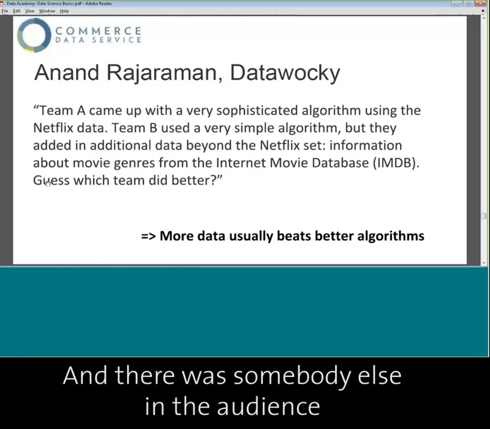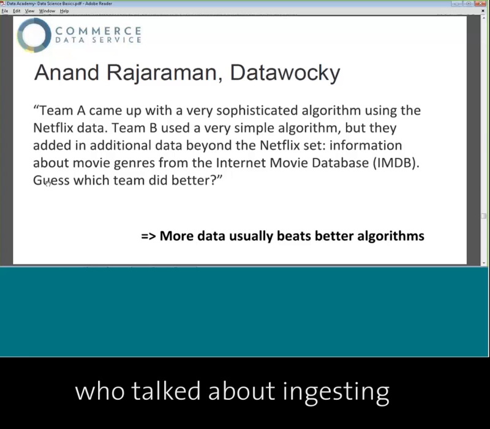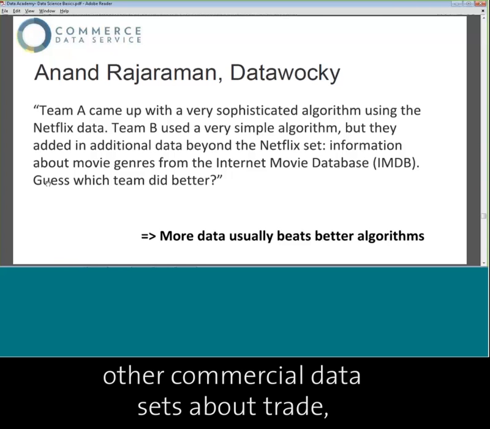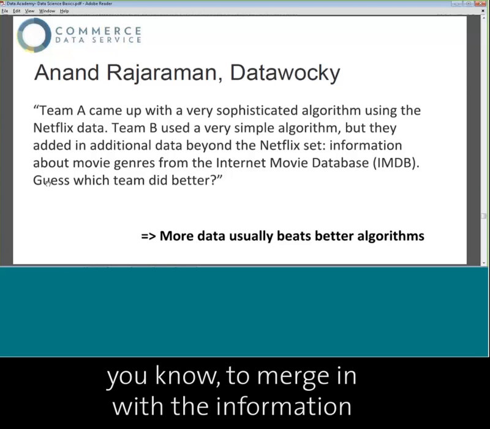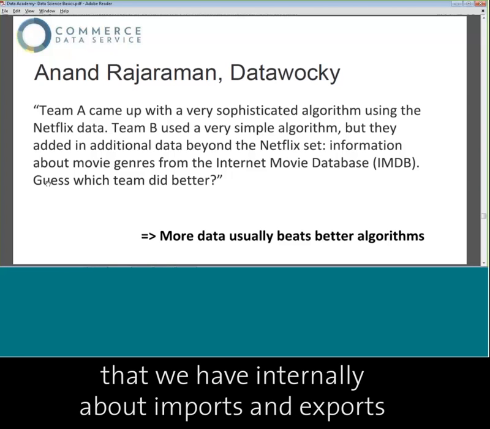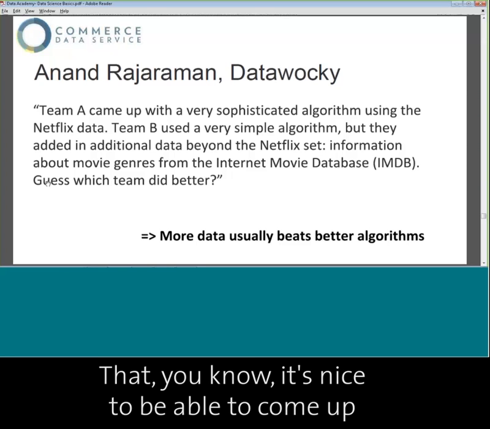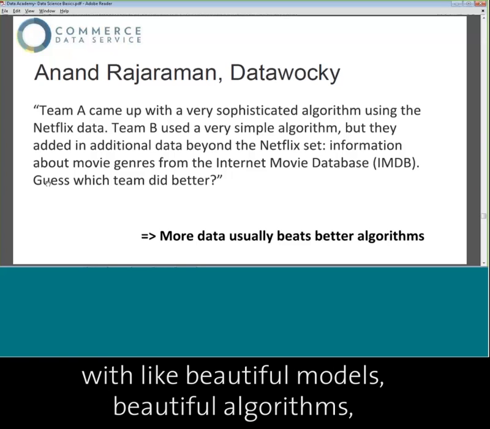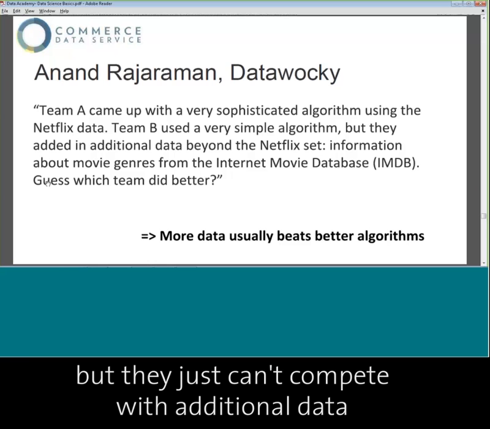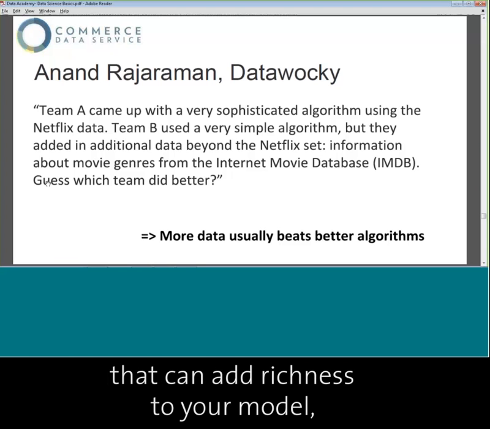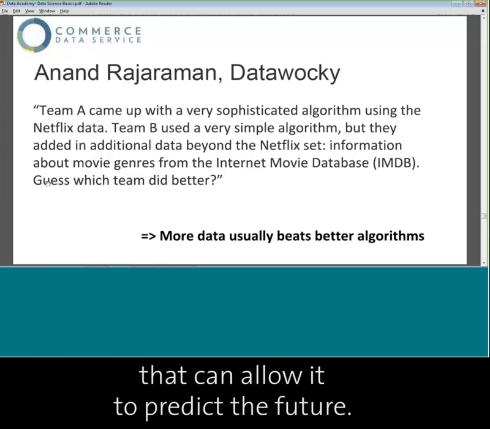And somebody else in the audience talked about ingesting other commercial data sets about trade, to merge in with the information that we have internally about imports and exports. I think you're really on the right track there. It's nice to be able to come up with beautiful models, beautiful algorithms, but they just can't compete with additional data that can add richness to your model and allow it to predict the future.